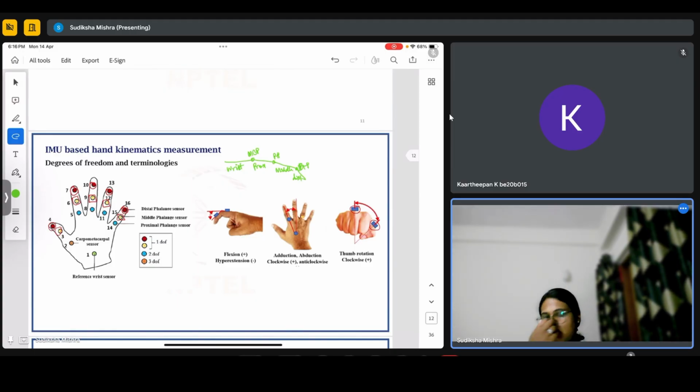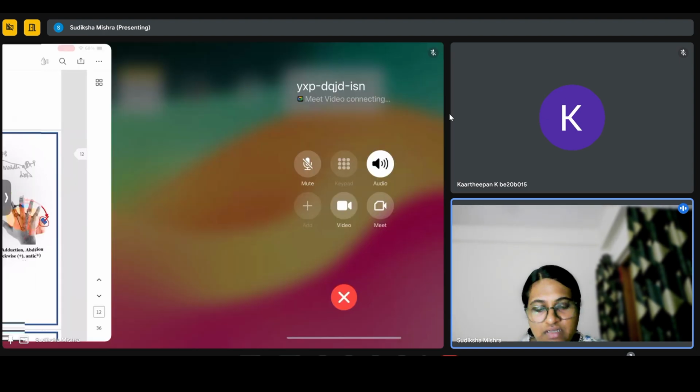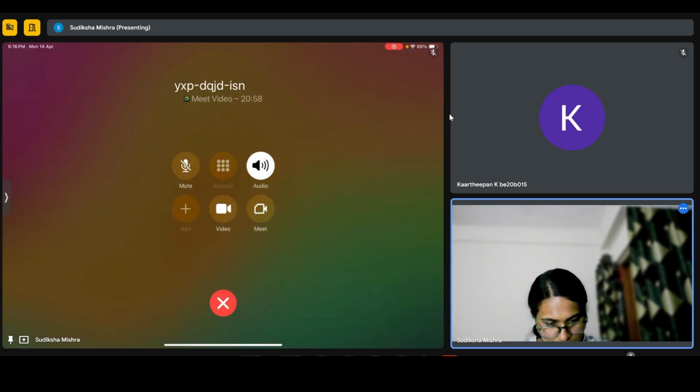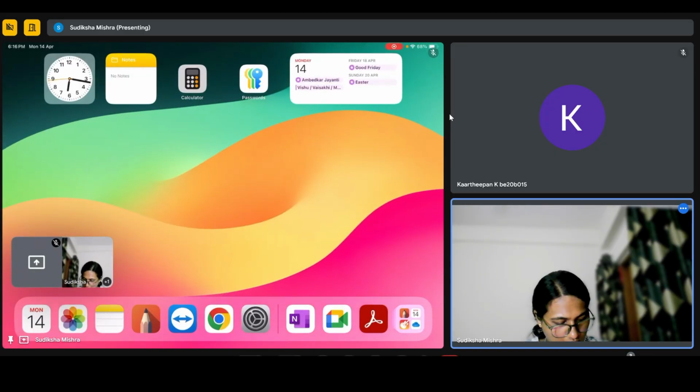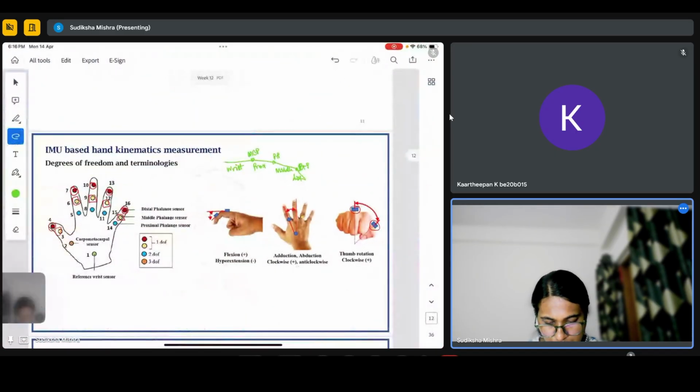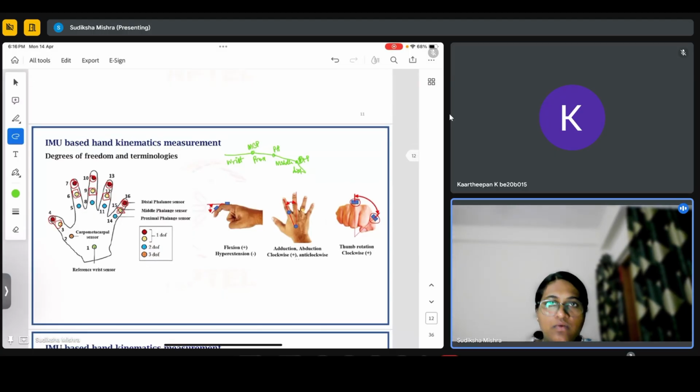So if you are looking at a single finger, this is how it would look, right? To compute everything properly, they have used multiple sensors.